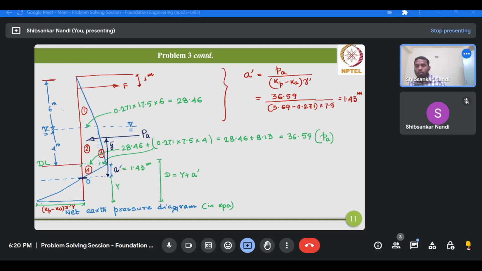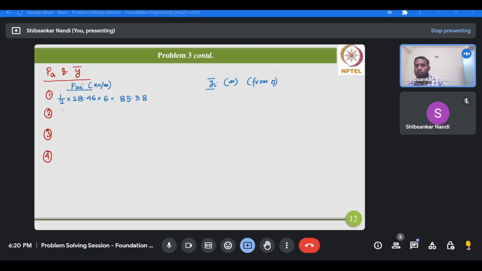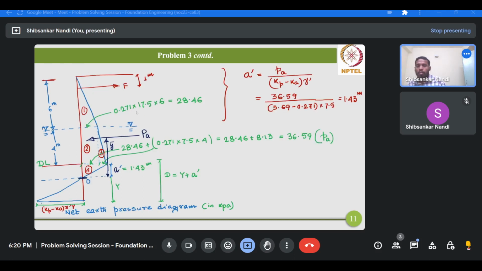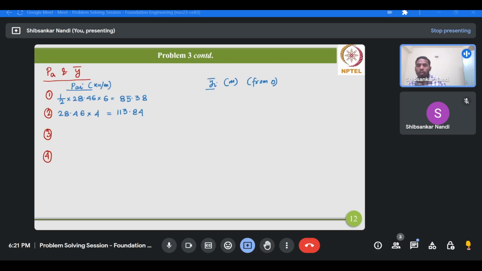Then component 2 is simply a rectangular distribution: 28.46 multiplied by 4, that means 113.84. Then for component 3, half multiplied by 8.13 multiplied by 4, therefore 16.26 kilonewton per meter.